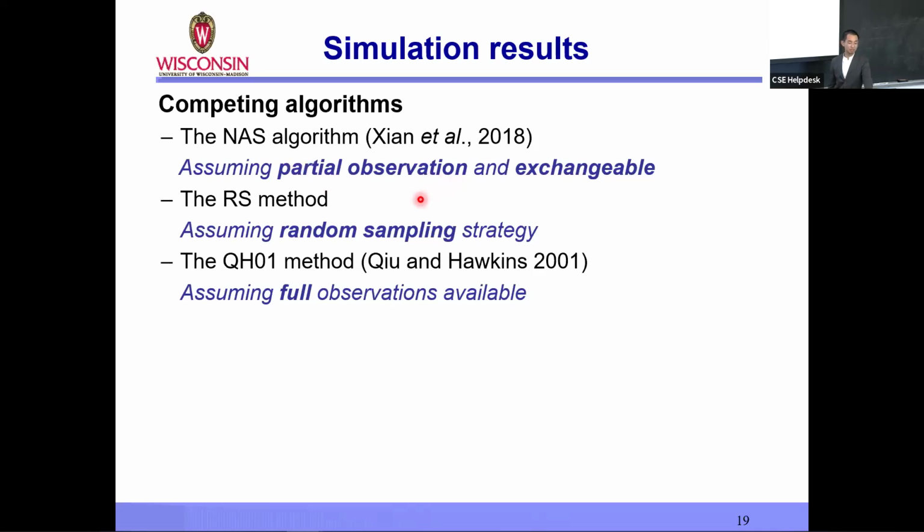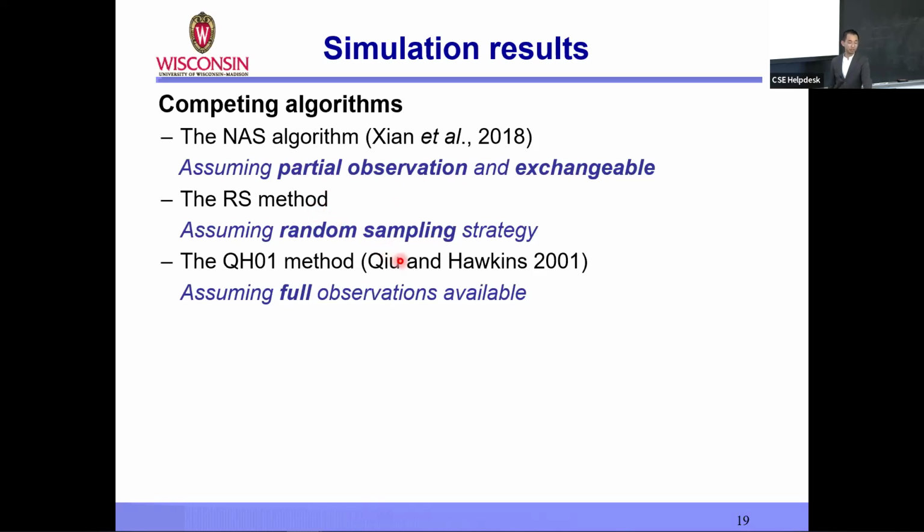And the second method is a random sample method. So this method is exactly the same as our method, but with the random sampling strategy instead of our proposed Thompson sampling. So this can show us how much improvement we can make using the proposed sampling strategy.